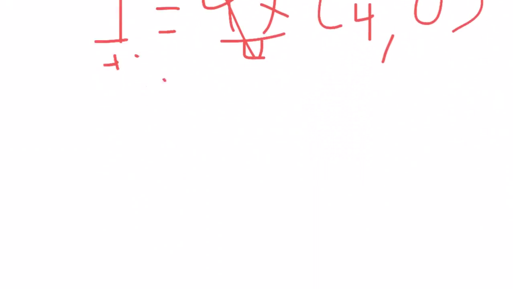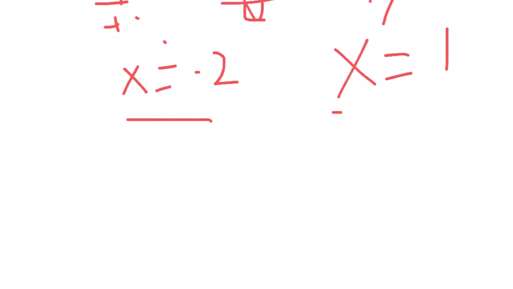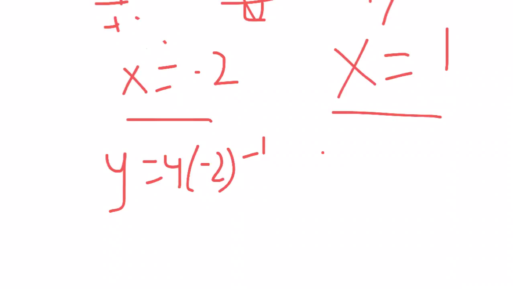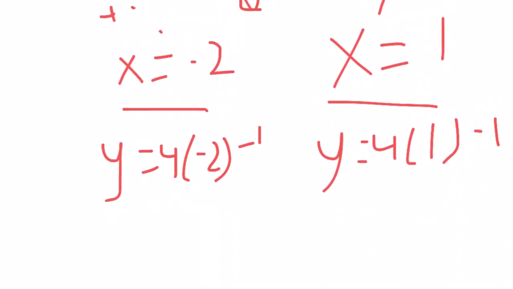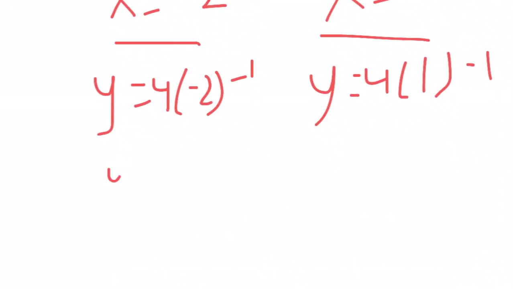Now let's pick a couple other points just for funsies. Say when x is negative 2 and also when x is 1. You plug those in, so 4 times negative 2 minus 1. And then when x is 1, it'd be 4 times 1 minus 1. That would give you y is equal to 4 times 2 is -8, minus 1 should be -9, so that would be the point -2, -9.